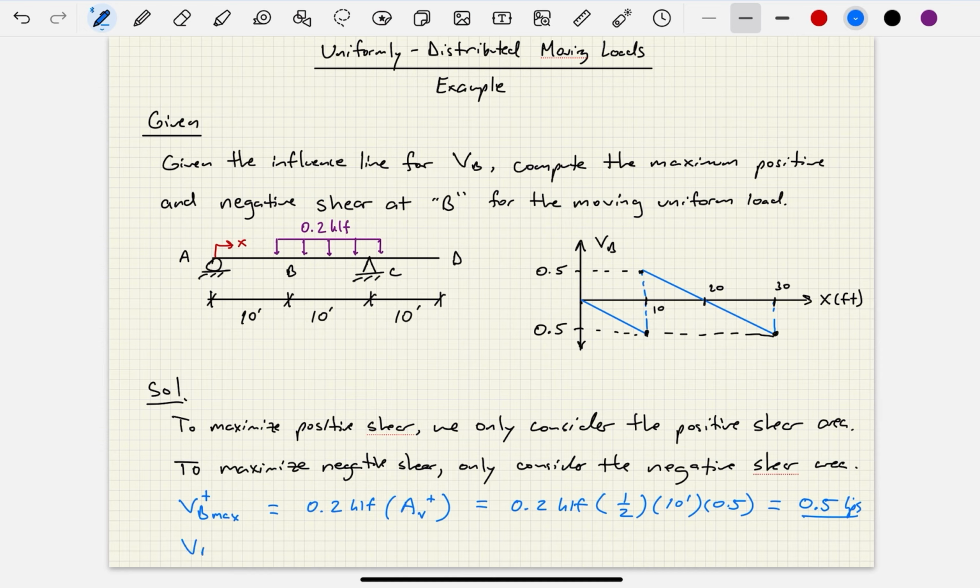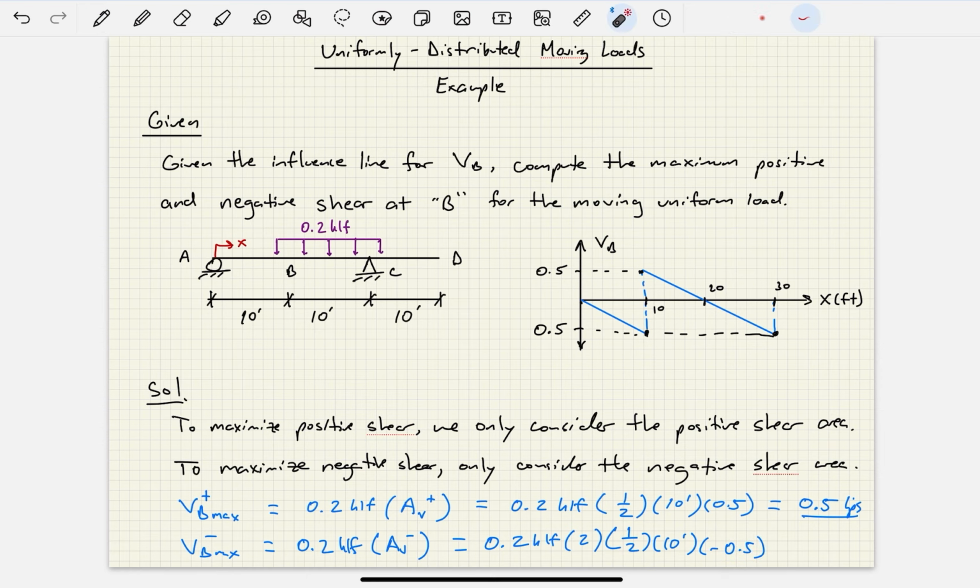Now I need VB max negative. So that's going to be 0.2 KLF times AV negative. I'm going to take that 0.2 KLF and multiply it by these two negative areas, which happen to be the same as each other, and numerically the same as this positive area, by the way. So we're going to say 0.2 KLF times those two areas times 1/2 times 10 feet times negative 0.5.